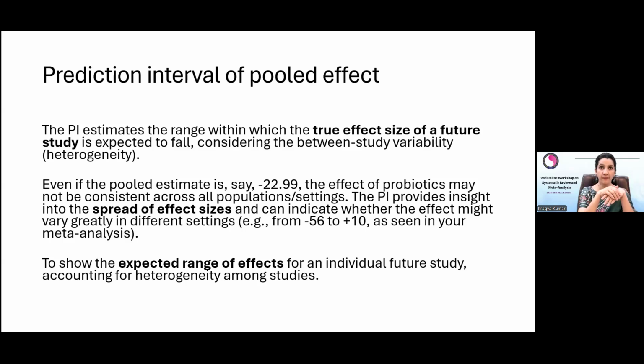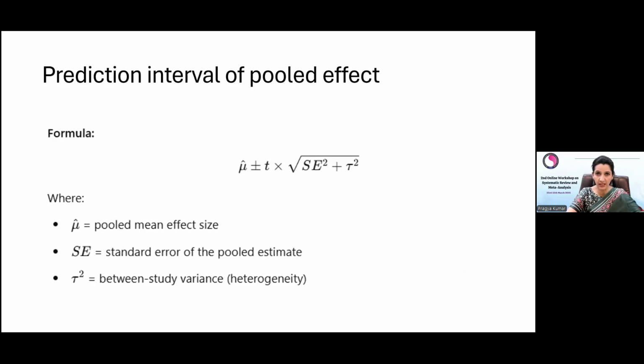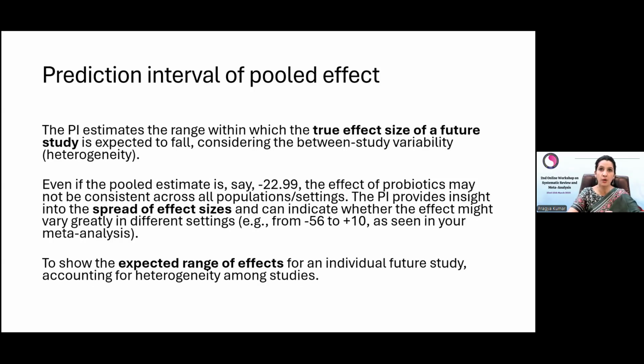So if I say that the pooled effect size in the case of these studies is minus 22 hours, then the prediction interval we see again. Don't worry, I will show all this in Jamovi. But when we go to Jamovi, you should be able to understand that there exists something like this prediction interval. So this prediction interval tells you regarding the spread of effect size in future.